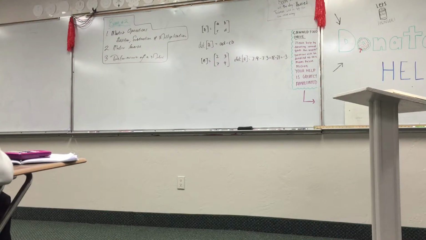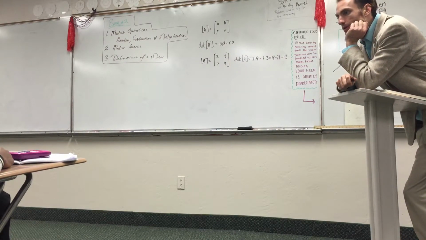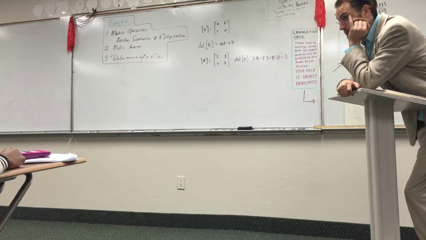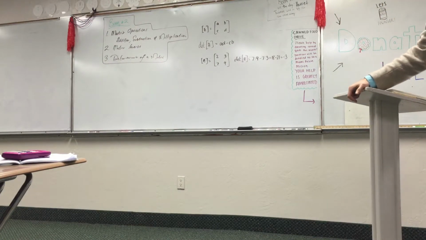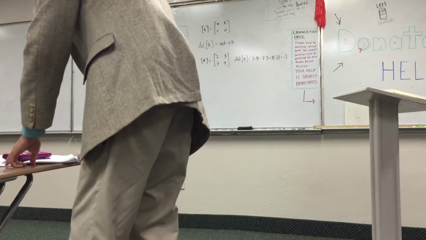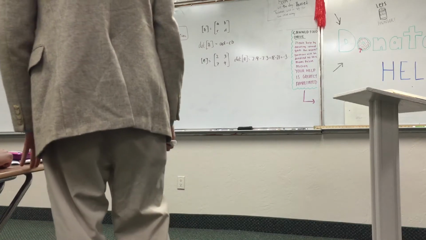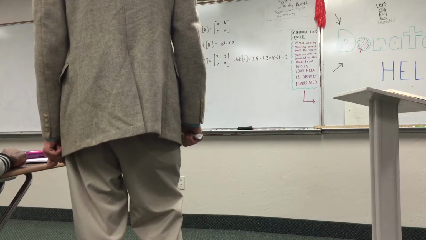Yes, ma'am. I got all the entries except for the middle one. I got -1, and you got -3 too. I don't know why you got -2. Because it was -2 plus 1/2. That's just -2. -2 times this row.